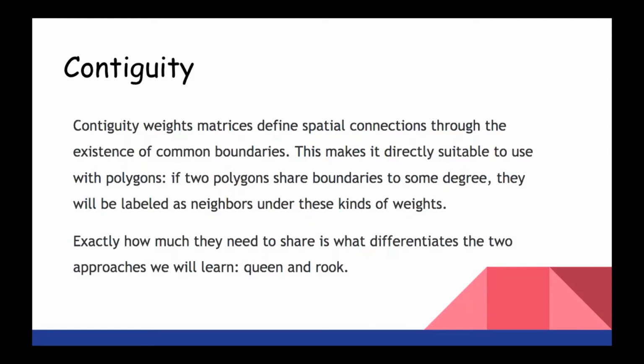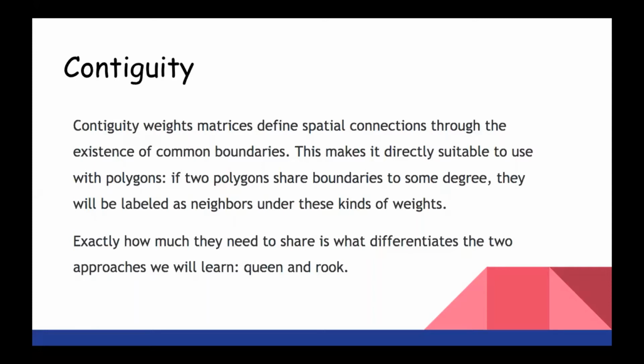That is, they are neighbors of each other. This is just a review of what we have done before. Under this method of contiguity, it has to do with whether you are sharing a boundary with me or you are not. Exactly how much they need to share is what differentiates the two approaches we will learn today.